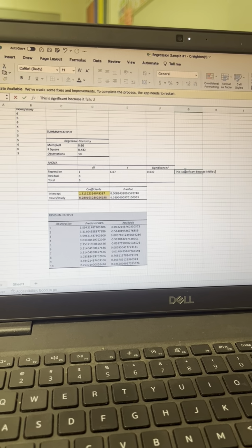The regression. Yes, but it's not regression. This is correlation. So this is the correlational value. That's all it is. That makes sense.